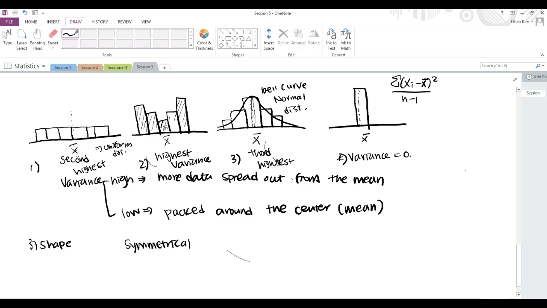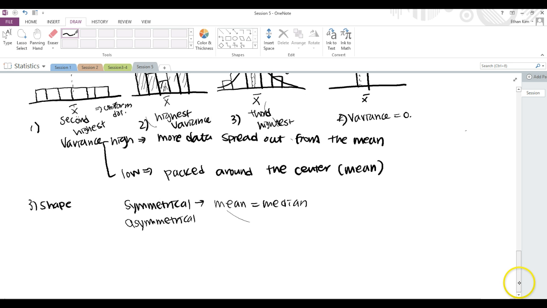In the symmetrical case, I'm pretty sure you've noticed already, mean equals median. The middle number is always the same as the mean average, and that's the case for all symmetrical data, right? And for all the other ones we call that asymmetrical, which is, if it's not symmetrical, we call that asymmetrical. For asymmetrical cases, let's look at some examples. Say we have something like this.